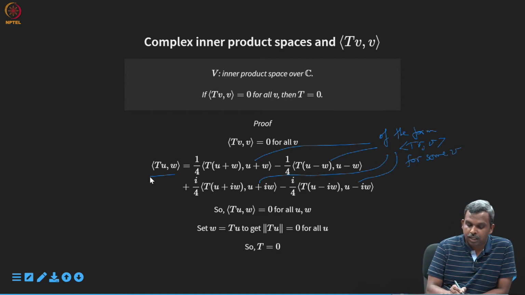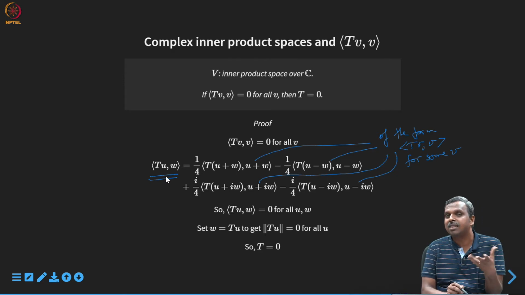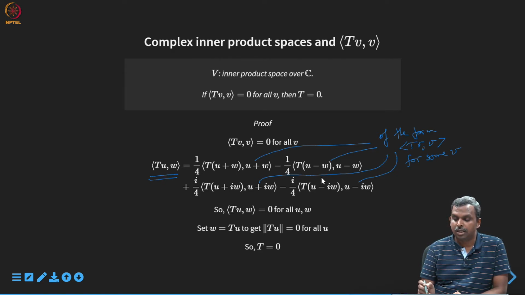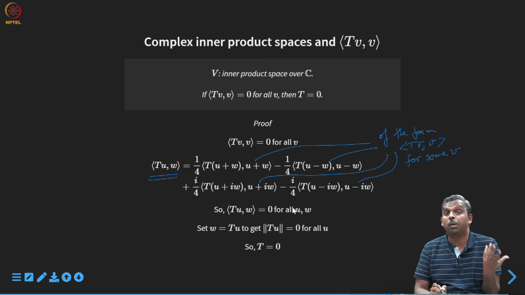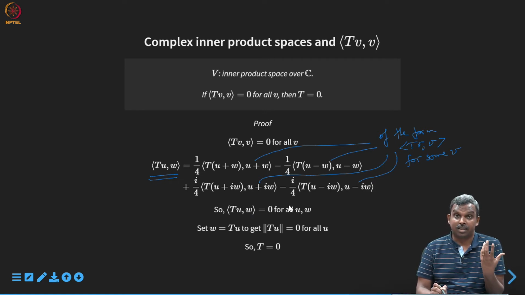On the left-hand side you have a seemingly more general case, Tu, w, but it ends up being a linear combination of just Tv, v for different v's. The first one, v is u plus w, the next one v is u minus w, then u plus iw, and u minus iw. And the linear combination involves some i and all that. So if Tv, v is 0 for all v, then Tu, w is 0 for all u, w. So that's interesting, isn't it?